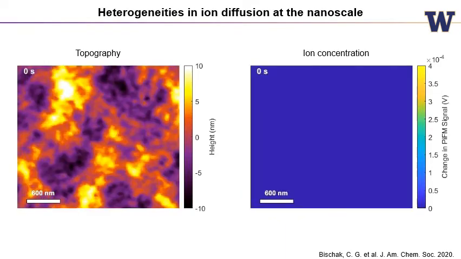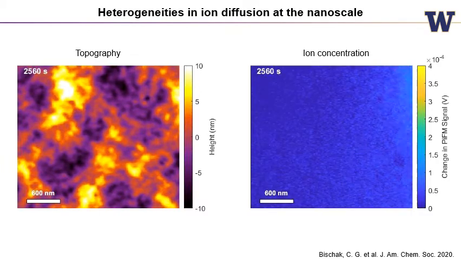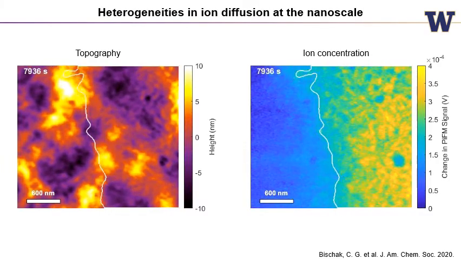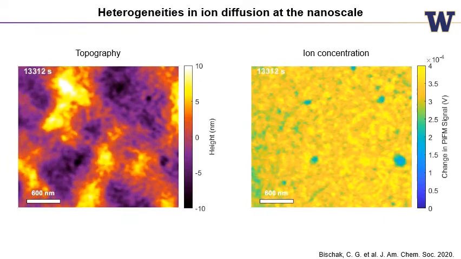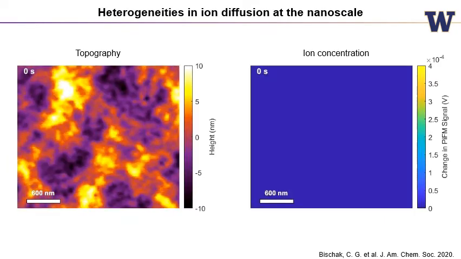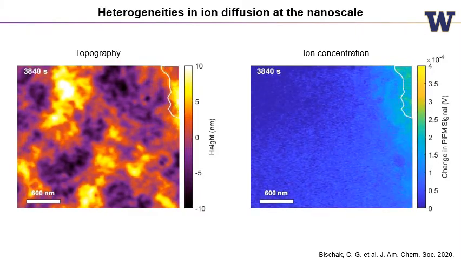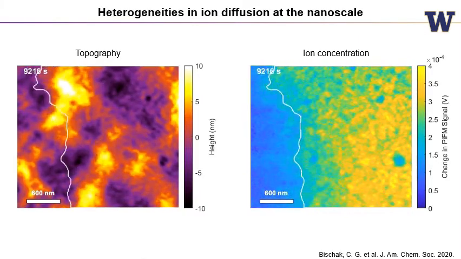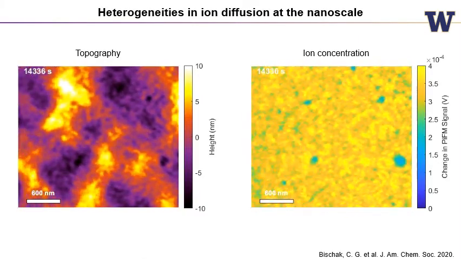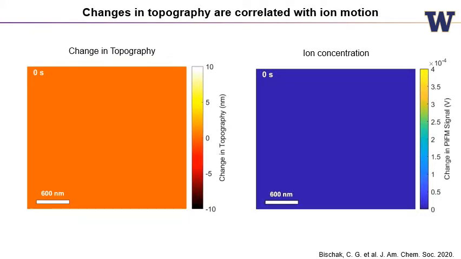But what was really cool about this result is that we could see changes in the topography as this ion front moves across. The presence of the ion is actually changing the topographical features of the polymer. It's a bit hard to see in this movie here, but on the next slide I'm showing, instead of the topography, the change in topography with time.